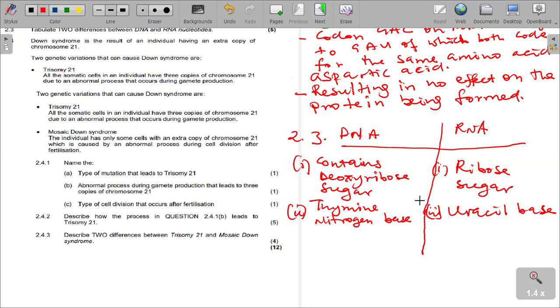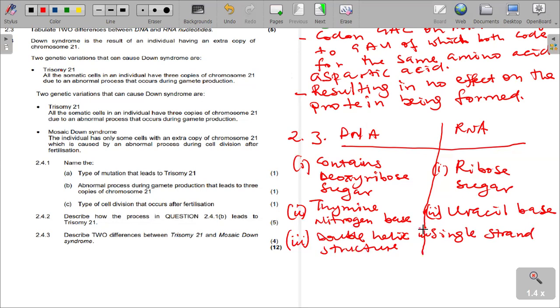One other difference is that the nucleotides in DNA form a double strand, a double helix structure, while RNA forms a single strand.